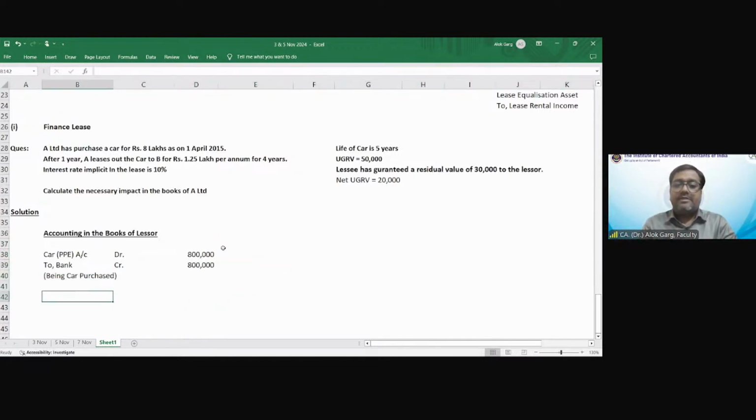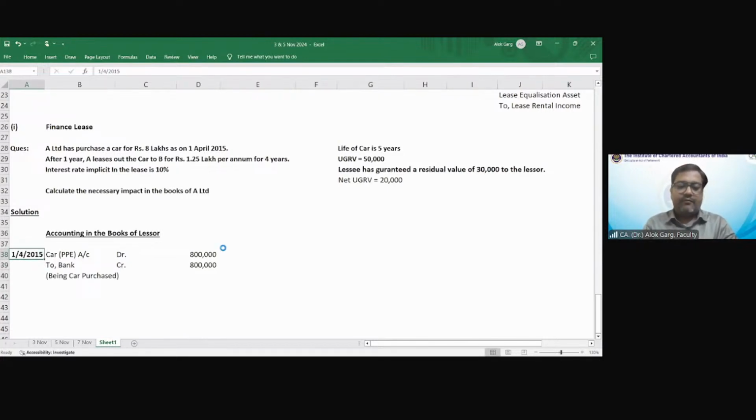Then what is the next entry as on the last date of the year? This entry was on 1st April 2015. What is the accounting entry on 31st March 2016?